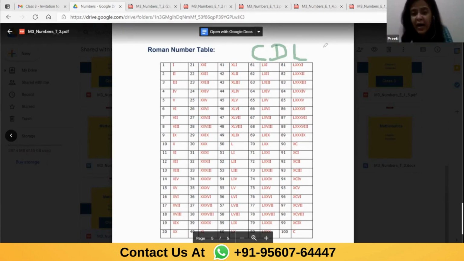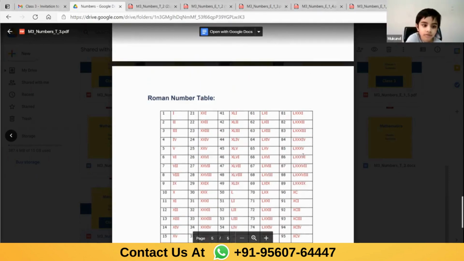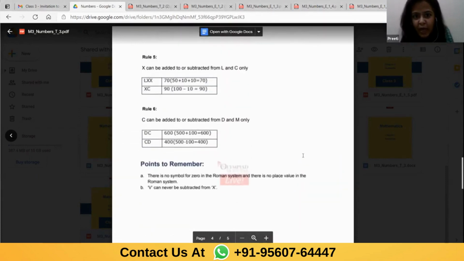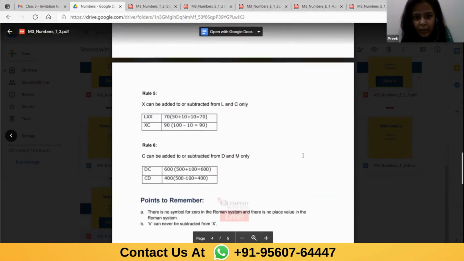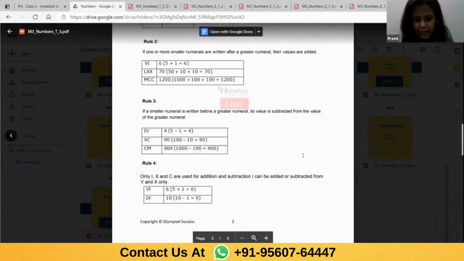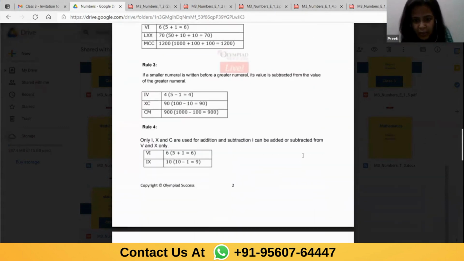Now, children, I am coming to the sheet with you. The practice sheet. The error in this sheet, what I could make out was that this thing was missing, I think: I, X, and C are used for addition and subtraction.